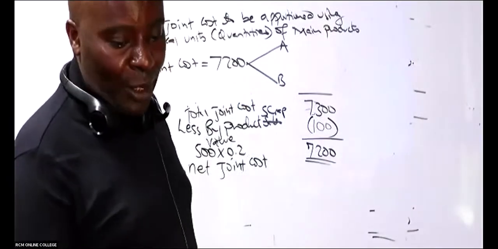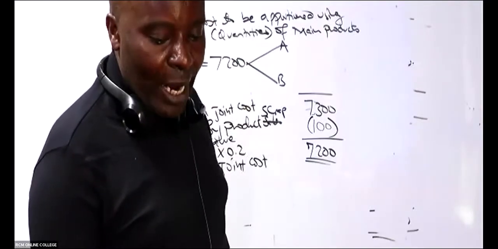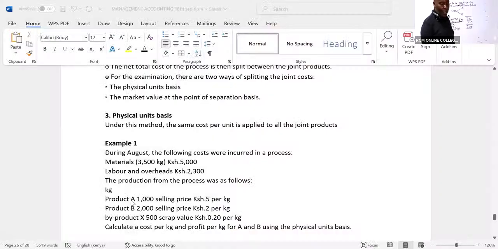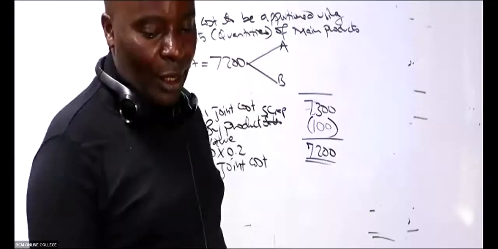And for these two main products A and B, do we have their physical units? Yes. On the physical units basis, product A is 1,000 kilograms and B is 2,000 kilograms.